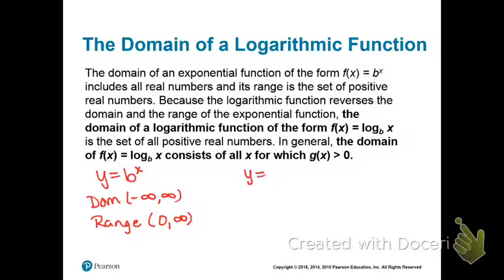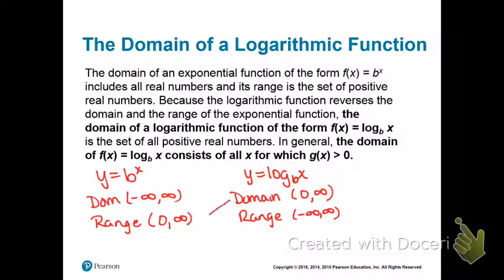Well, now we're looking at log functions, and we have said that our domain, we have that vertical asymptote at 0, and it keeps going to the right to infinity, and our range keeps going up and down, therefore it's negative infinity to infinity. And so what it's talking about is, remember, we've said that exponentials and logarithms are inverses of each other, and so that means that their domain and range are going to switch, and we can see there that it did.